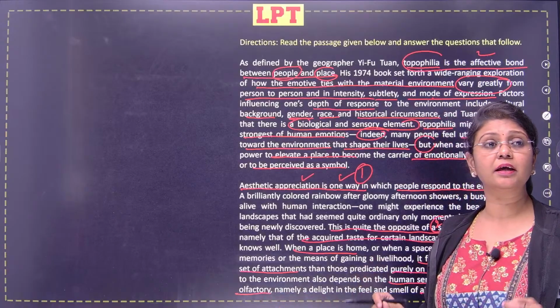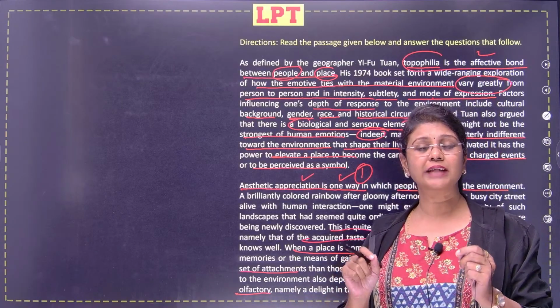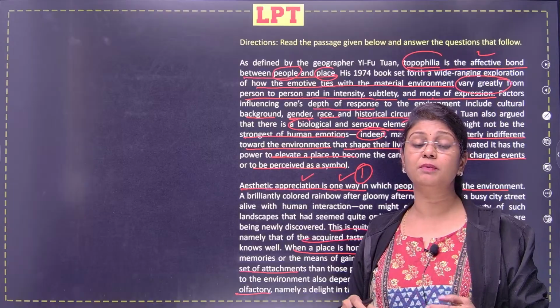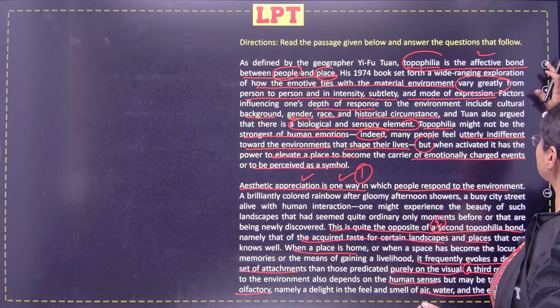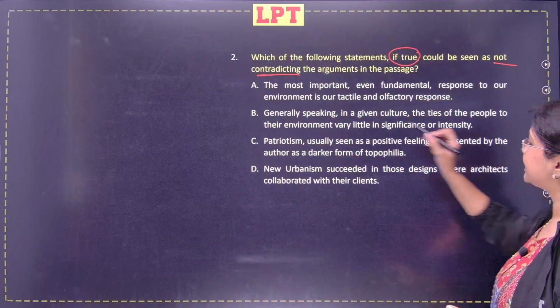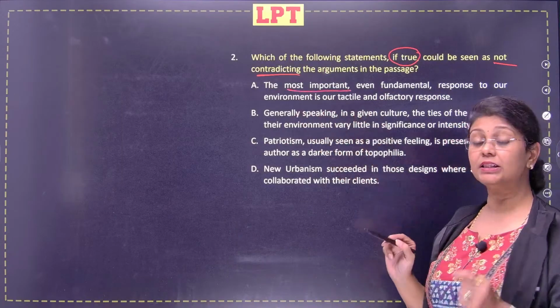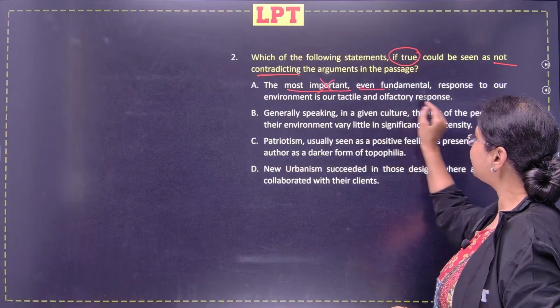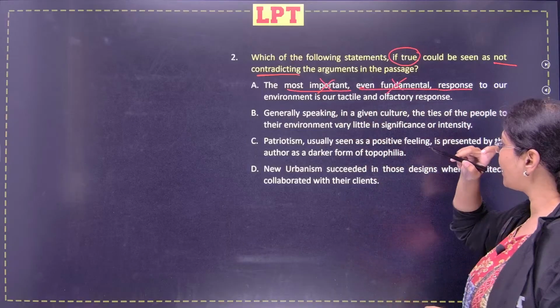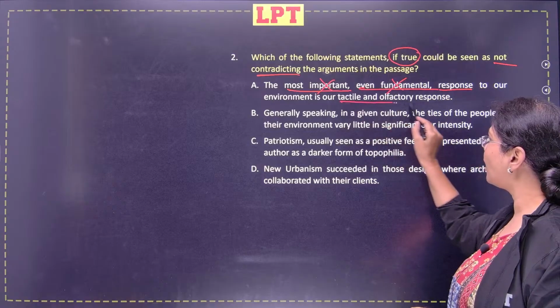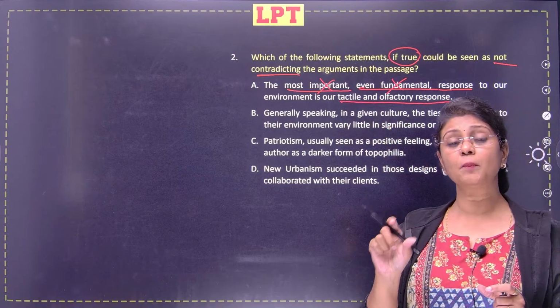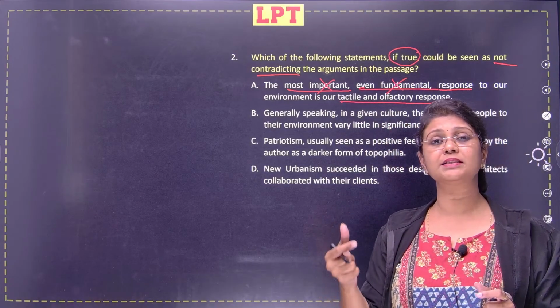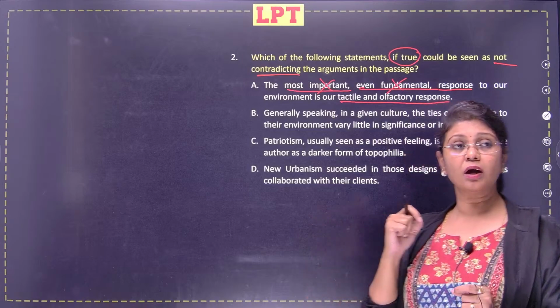So the paragraph does mention tactile and olfactory response, but let us see if that is what the option says. The author does not say that the most important or even fundamental response to our environment is our tactile and olfactory response. So this option contradicts what is mentioned in the paragraph, so it does not form an answer.